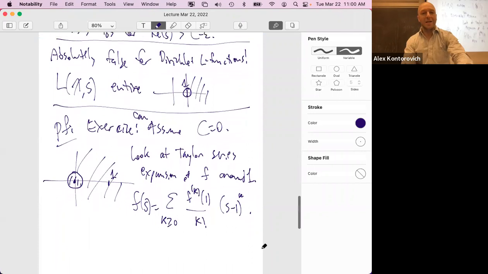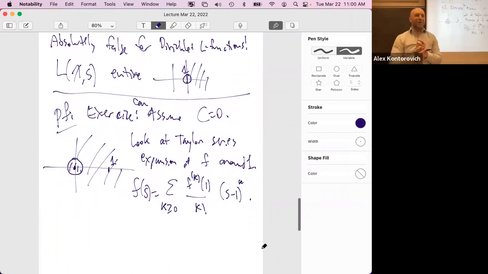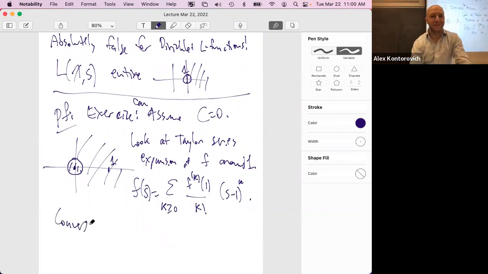Remember what we learned in complex analysis. A Taylor series expansion converges absolutely on the largest radius that contains no singularity, so this converges at least on radius 1. It actually converges on some slightly larger radius because the function is holomorphic.